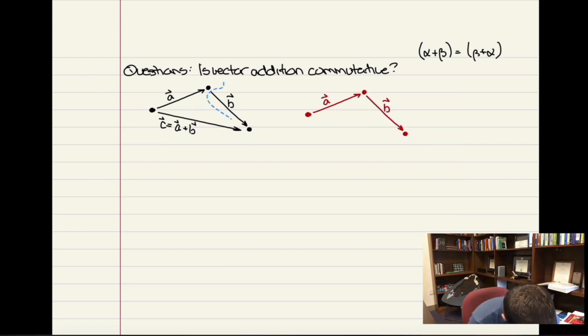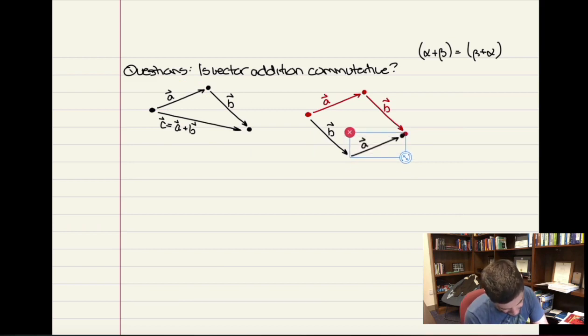I'm going to highlight B, make an exact copy of it, and put it at my starting point. So this would be as if from my starting point, I first went along B, along the black line first, and then once I was done with that, walked along the direction of A. Copy, paste. And then you can see that, aha.